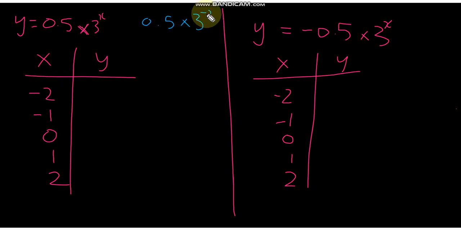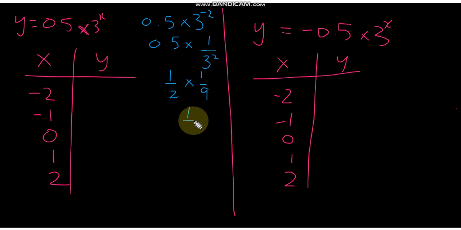You know that when we have the negative power, we take its reciprocal, so it will be 0.5 times 1 over 3 to the power 2. I can write 0.5 as 1 over 2 times 1 over 9.